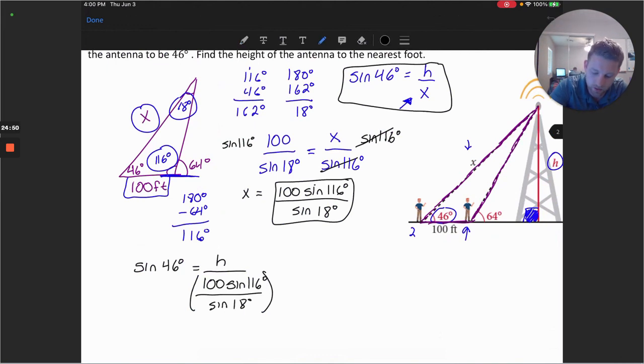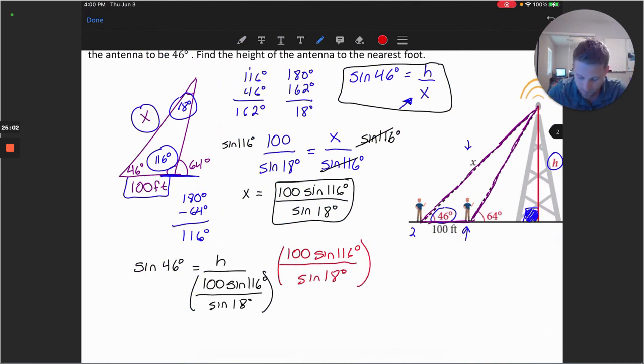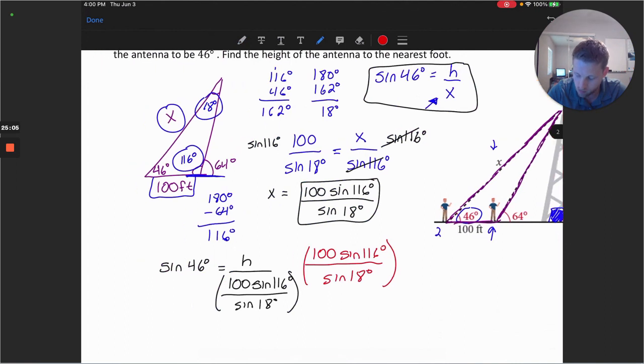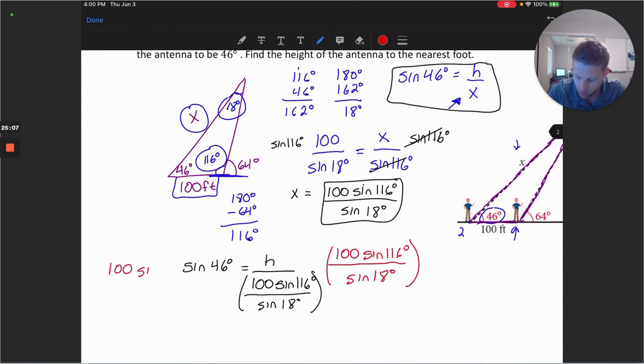So let's take a look at multiplying by that. We'll just multiply both sides by that 100 sine of 116 over sine of 18. So we'll have 100 times sine of 116 divided by sine of 18 degrees.